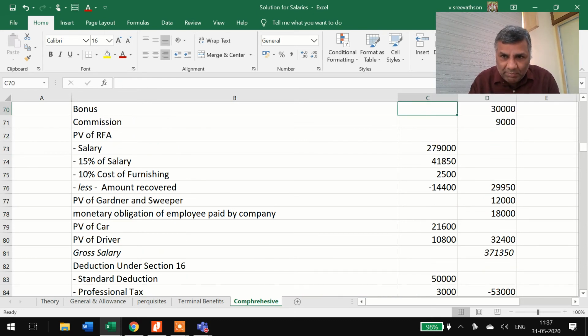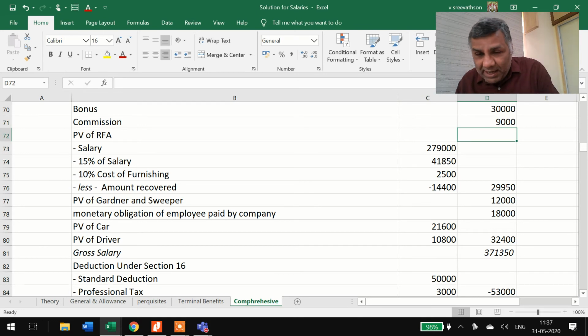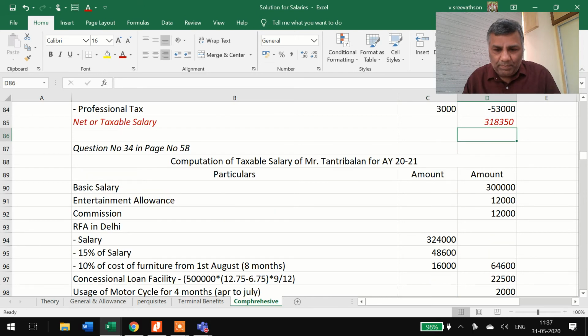At that time, we took that commission because it was a monetary receipt. At that time itself, our friend asked, had it been an HRA question, you would not have taken the commission, because that is not a fixed percentage of turnover. That is why the formula differs between salary and HRA. Okay, sir.